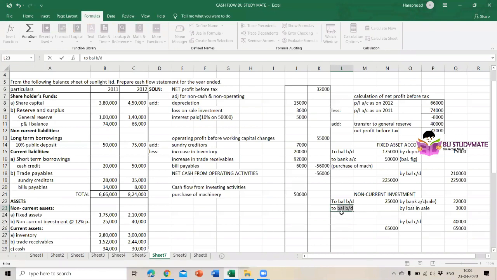So here we have to write the purchase. If the balancing amount comes on the left hand side, we have to think that we have made a purchase. So to bank account, 65,000 minus 25,000, that is 40,000. This we have to write as the balancing figure.